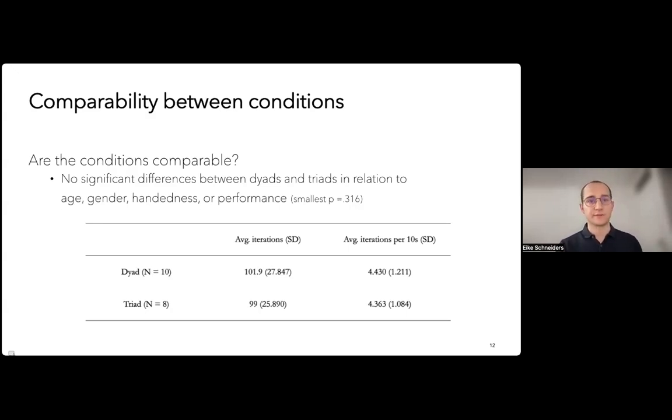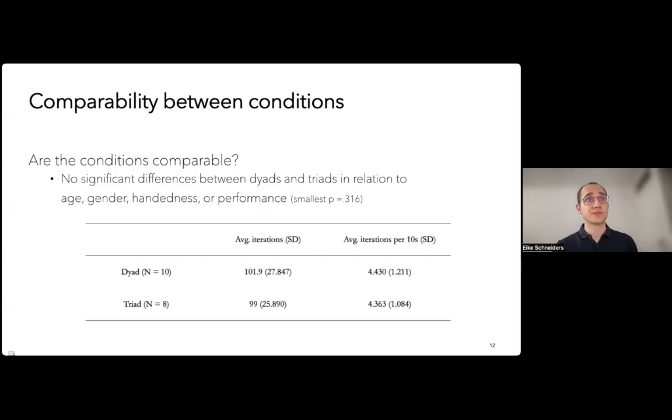The reason this was important was that some of the findings I'm going to present in just a while are of comparative or contrasting nature between dyads and triads. And this means we want to rule out, or at least lower the chance that the differences we see here are caused by a significant difference in participant allocation.